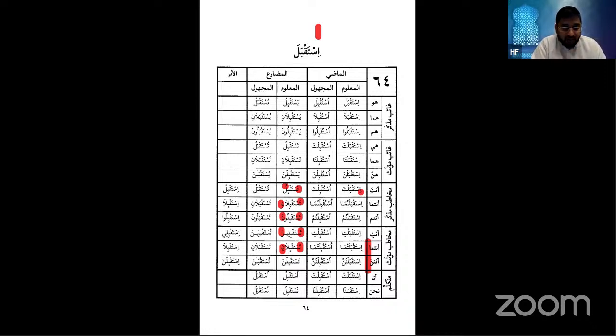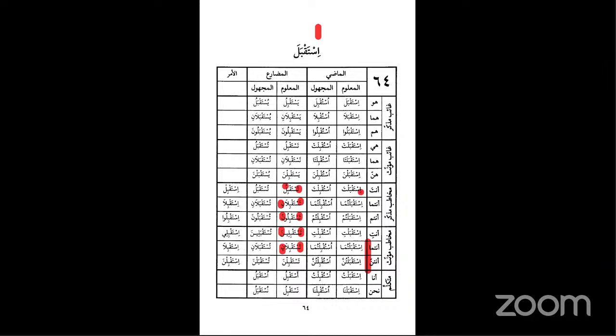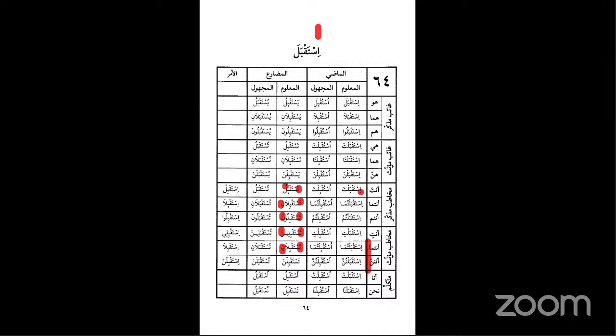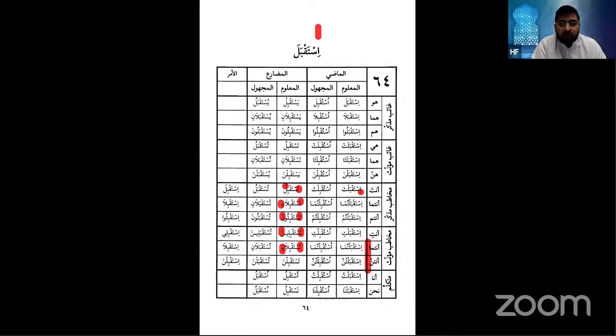And in Surah Nisa, the next one, has everyone seen this on the WhatsApp group? Next one is wastaghfiri. The ra has a kasra. The reason it has a kasra is that this is imperative, so the sukoon will always change to a kasra when you're joining on to the next word.